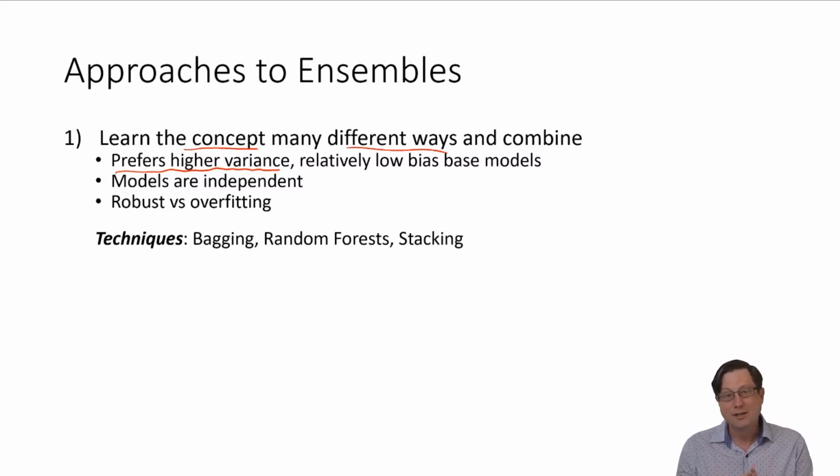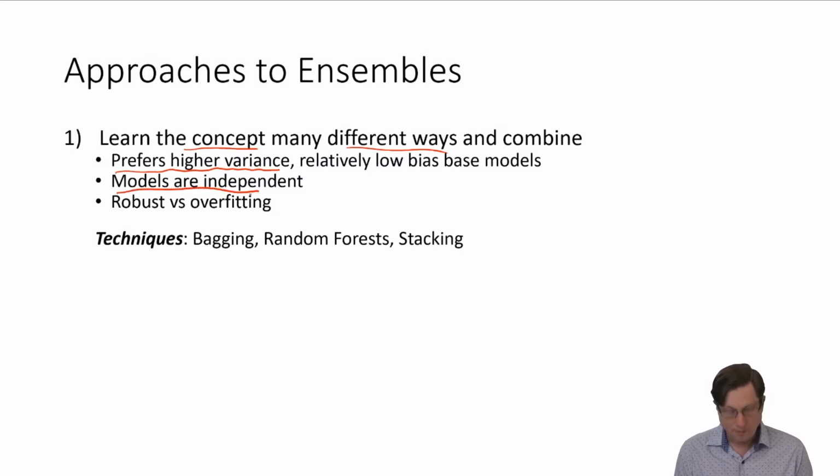It doesn't necessarily have a high bias, but it learns the concept in many different ways, and it's sensitive to the noise, so its decision frontier bounces all around. And then when you combine them with voting, all that variance cancels each other out, and you end up with something that can have a lower bias with less variance.